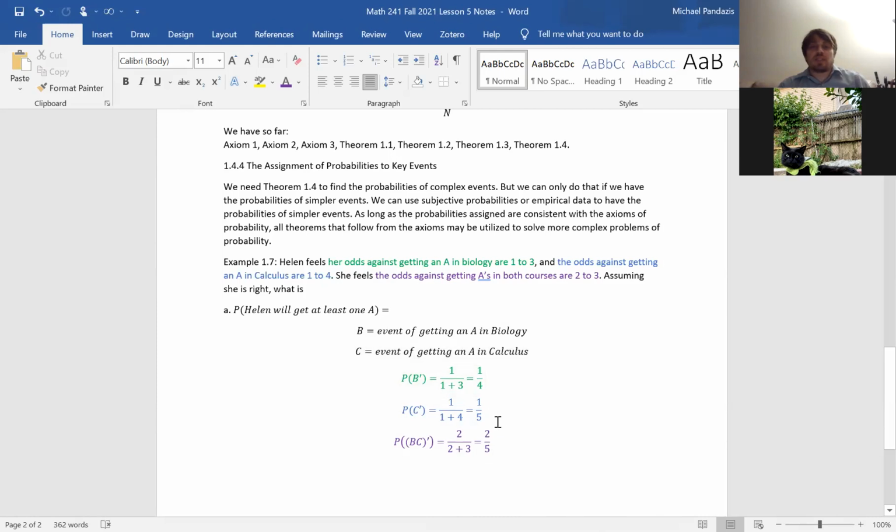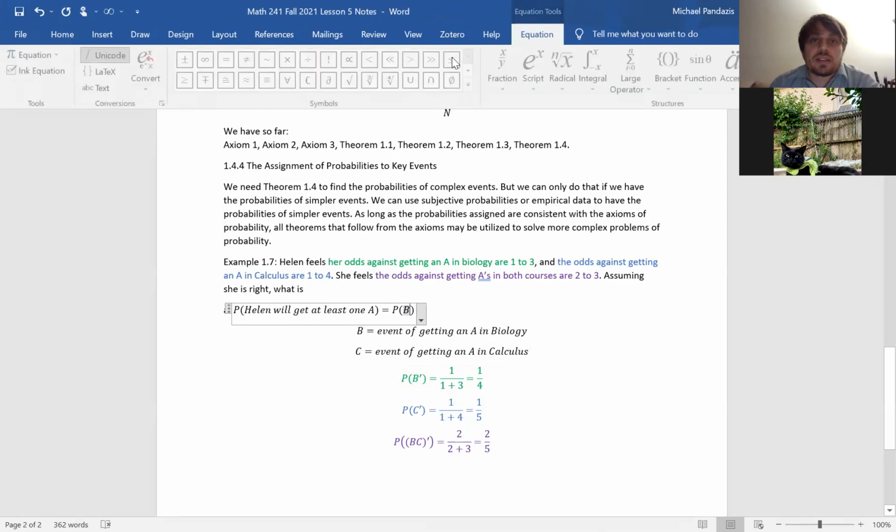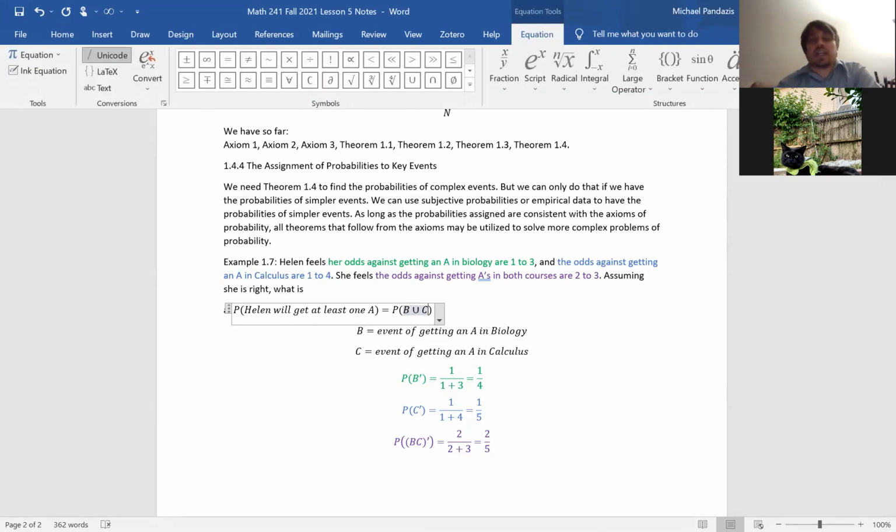Okay, so we have the assumption of these 3 probabilities. Assuming she is right, what is the probability that Helen will get at least 1 A? Well, getting at least 1 A would mean getting an A in biology or in calculus. So the probability of getting at least 1 A would be the probability of the event B union C. At least 1 would be one or the other.